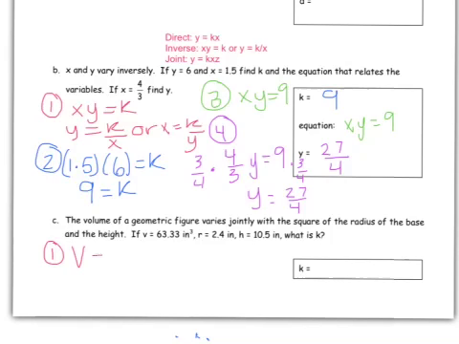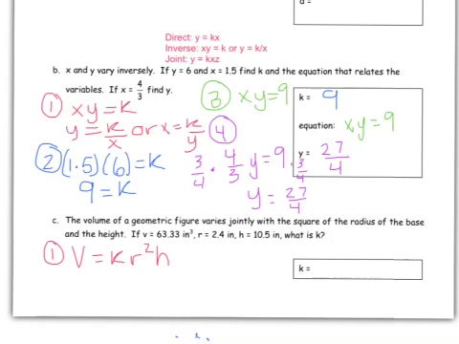So V equals K, and it's varying jointly, so I know I'm going to have at least 2 more variables, with the square of the radius, so radius squared, of the base, and the height. So radius squared times height. The radius of the base is just telling us a little bit more about the figure. Okay, so I've come up with the equation volume equals K times R squared times H.